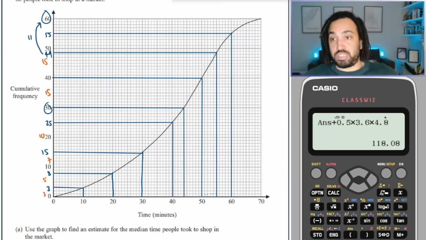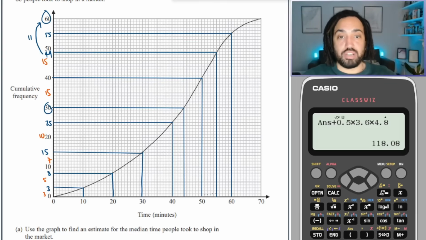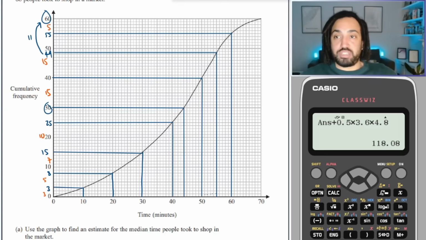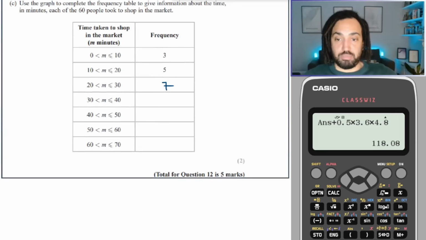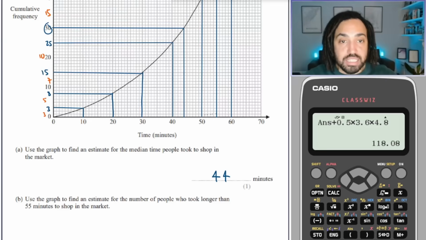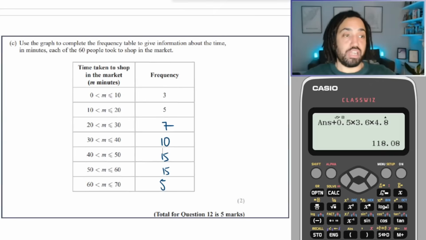Okay, and the last one is obviously going to take you up to 60. So from 55, that's a gap of 5. Okay, so let's just fill these in the table. I believe the last one was 5, and there were two 15s. And then there was a 10. Okay, there you go.